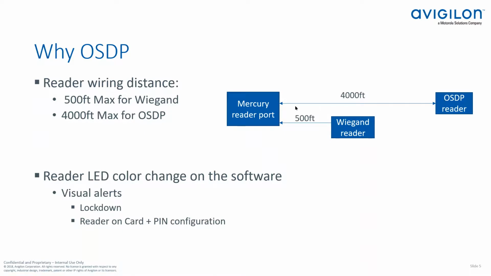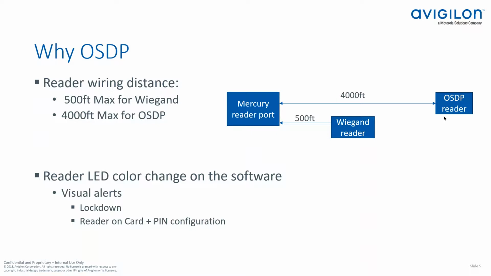Obviously, this is a controlled environment in a lab. I would not suggest anyone go all the way to 4,000 feet on that. And also power, right? If you're doing this, you need to power this reader locally. We'll cover more about power and some limitations, some things that we need to do, along this presentation.